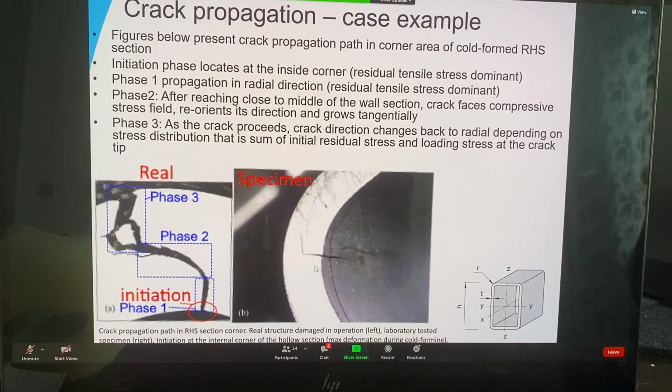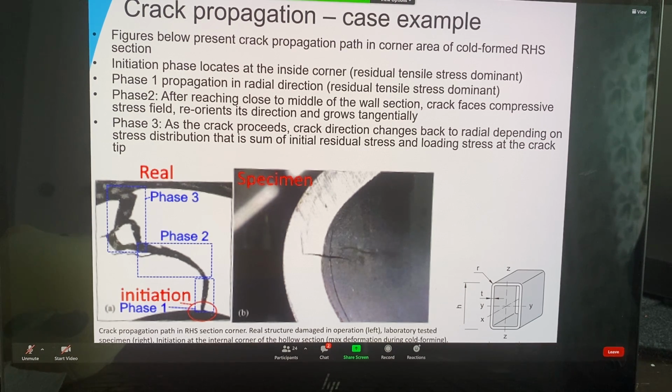And it was detected that for this kind of beam, when it was put to a variable loading, there was always a crack that initiated from the inside, and then it developed pretty much straight to the neutral axis, and then it turned sideways.